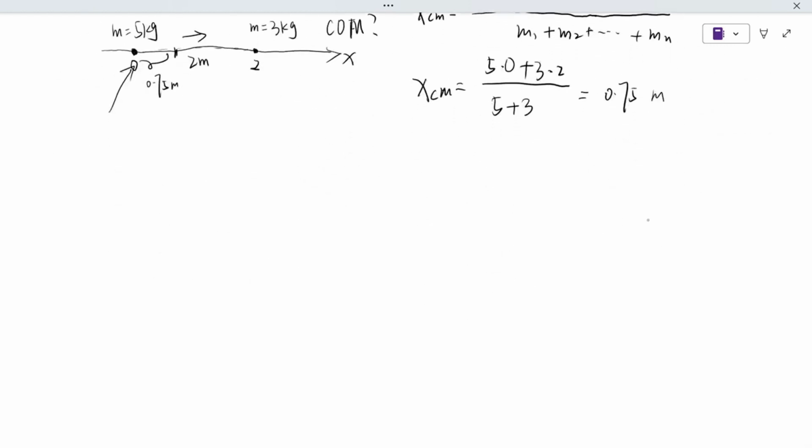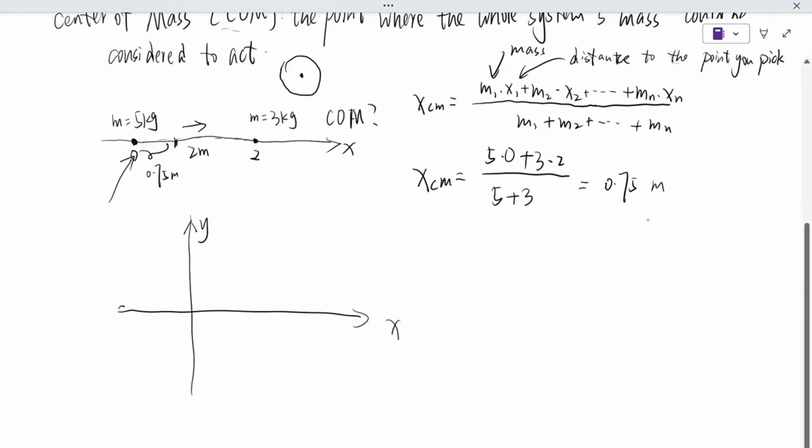Now let's talk about how you find the center of mass in the two-dimensional world. It's very similar. We know the two-dimensional world has an x-axis and a y-axis. Up here, I already gave you a formula, which is basically for the x-axis.